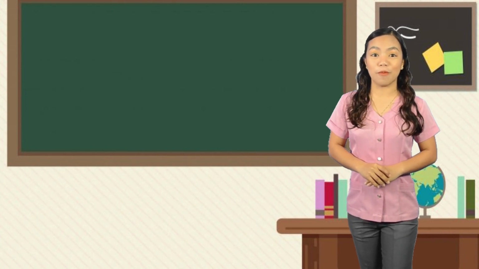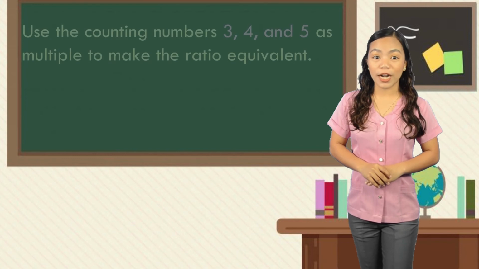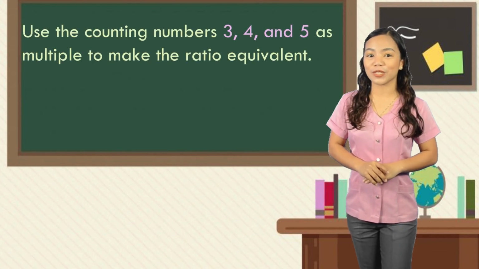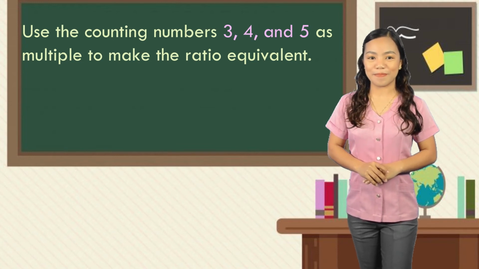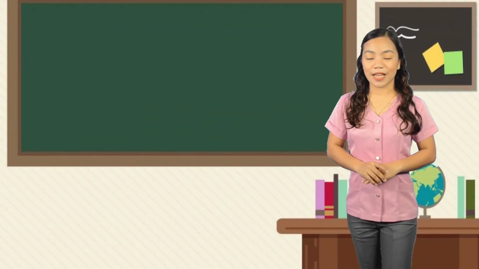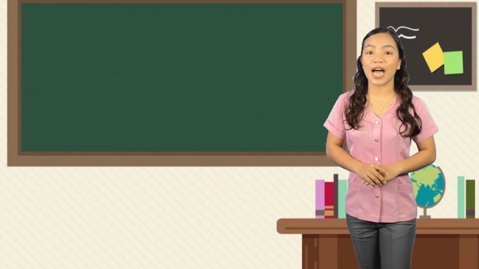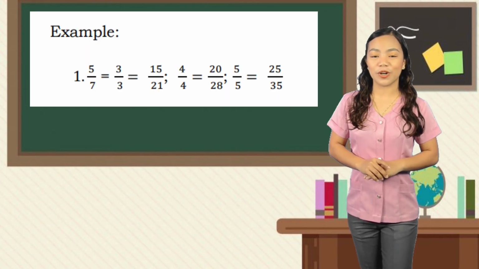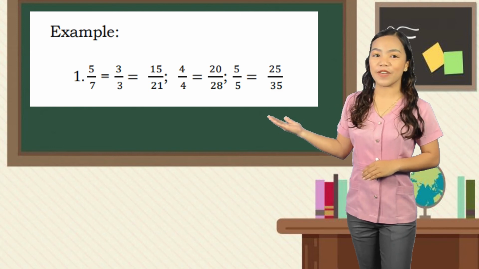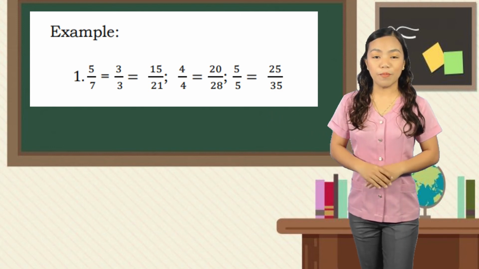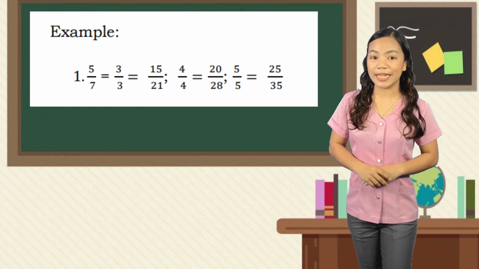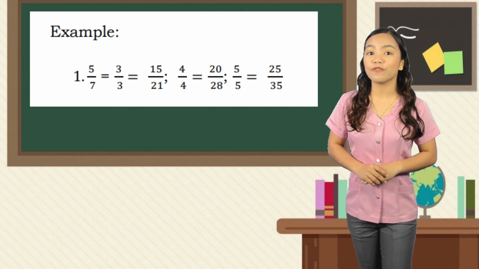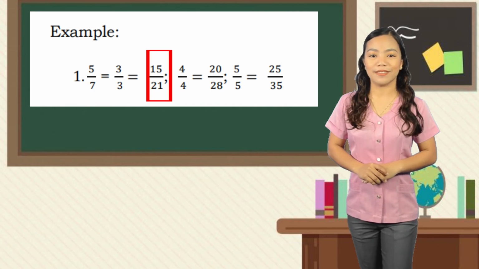Use the counting numbers 3, 4, and 5 as multiples to make the ratio equivalent. Let us take the first item as an example. The given ratio is 5 over 7. When we multiply it by 3, 5 over 7 shall be equivalent to 15 over 21.